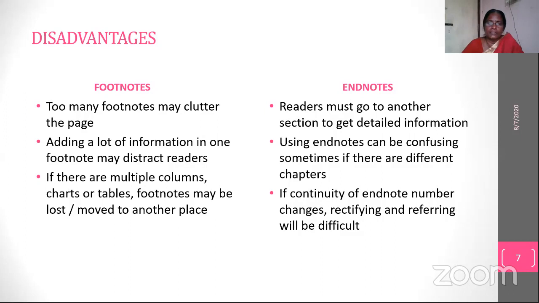Suppose a research paper consists of 25 footnotes. Unknowingly some mistakes happened. How to rectify the mistake? Suppose there is a correction in the references. How to make the correction?